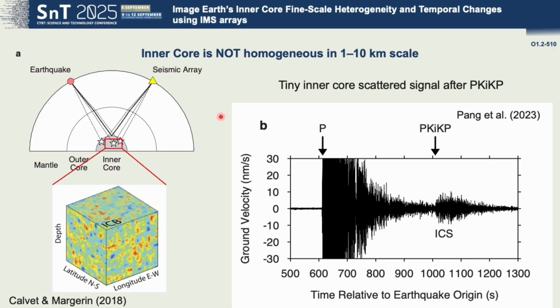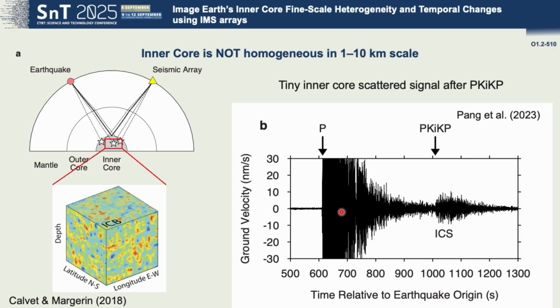It turns out the inner core is far from homogeneous. If we zoom in at scales of just 1 to 10 km, velocity variations exist. These variations create scattered wave fields that arrive later than the direct PKiKP reflections, producing what we call PKiKP coda.